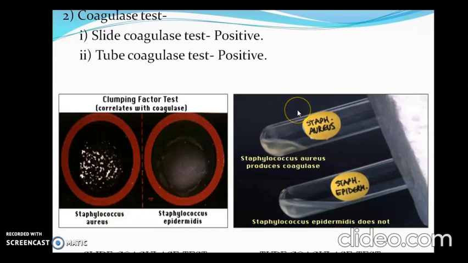So in this test you can see that Staphylococcus aureus gives positive for both the slide and the tube coagulase test, whereas Staphylococcus epidermidis doesn't give a positive result for both these tests.